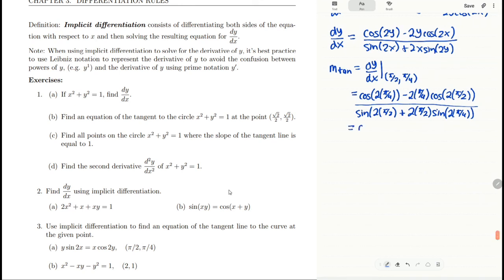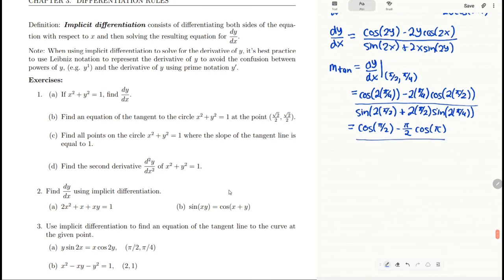So now simplifying, we have cosine of pi over 2 minus pi over 2 times cos of pi all over the sine of pi plus pi times the sine of pi over 2. So we use the unit circle. We know that the cosine of pi over 2 is 0.